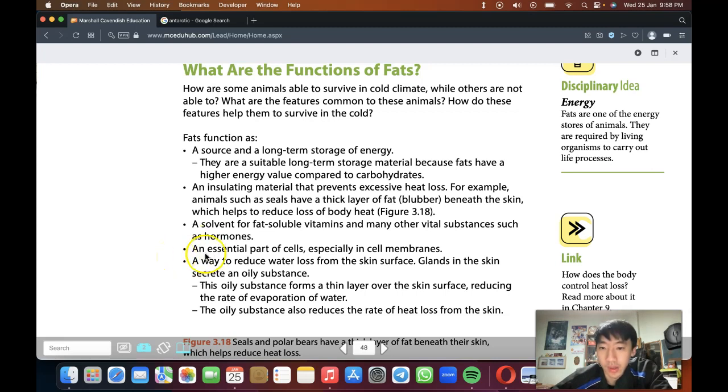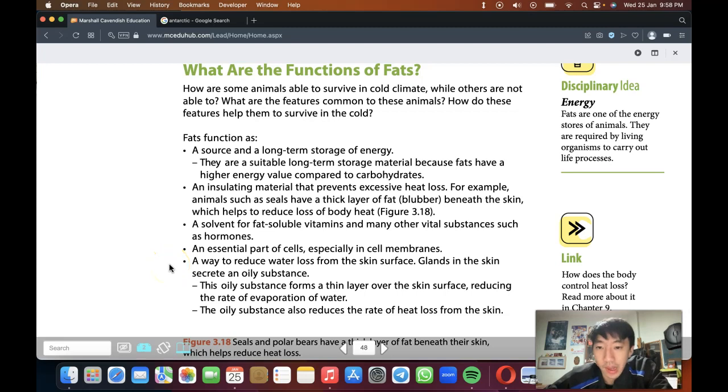Fats are an essential part of cells, especially in the cell membrane. Most of the cell membrane is made up of fats, and a little bit is made up of proteins. These proteins are used as channels to allow certain things to pass through. If you learn about active transport, then you will know that there are these protein molecules inside the cell membrane.